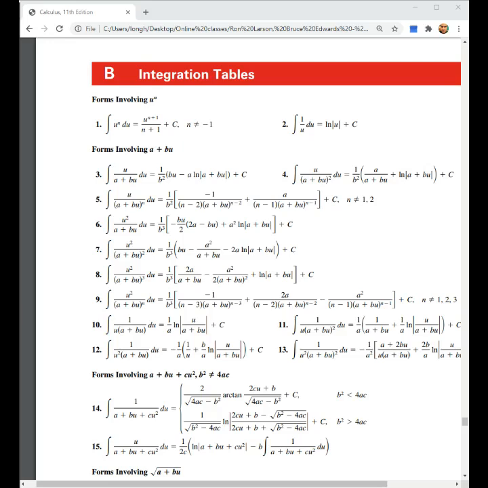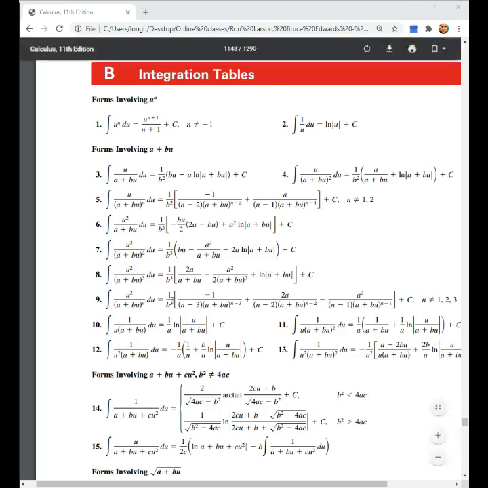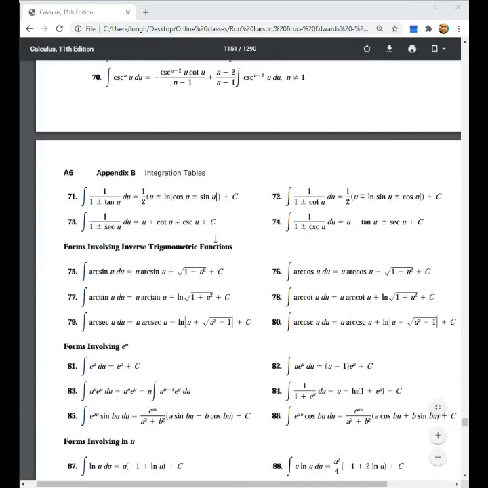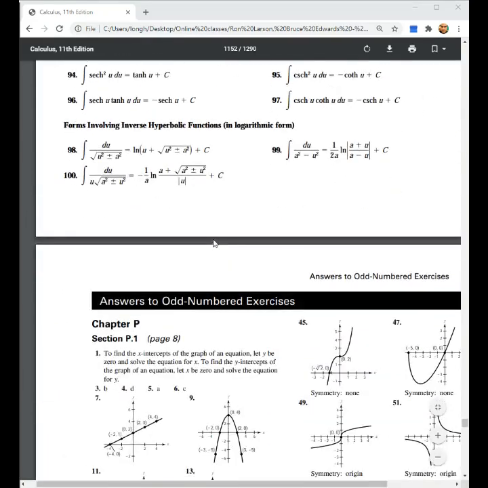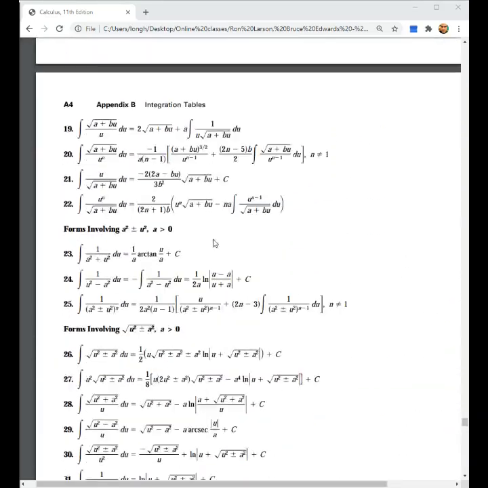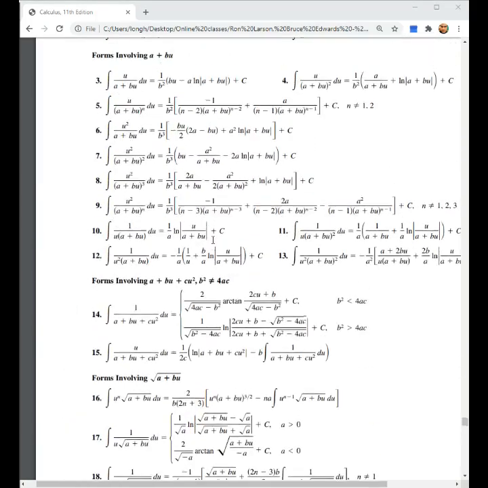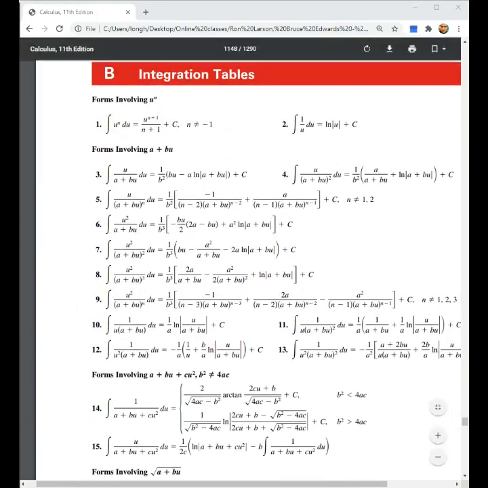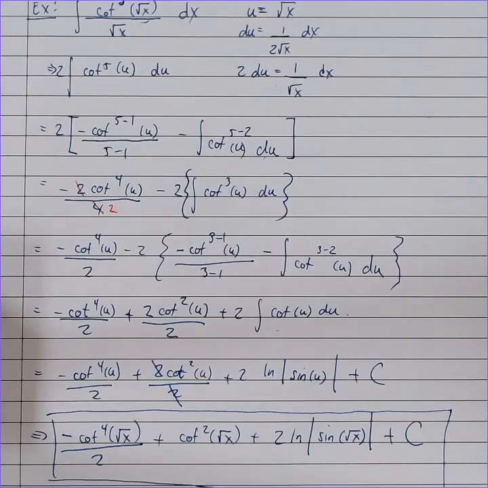I know how to use the techniques. I don't actually have to memorize 100 different formulas. I can memorize a few basic formulas and make sure I understand my techniques very, very well, my substitution techniques and my basic integration techniques. Once I have those, other things I can look up. So that is it for this section.